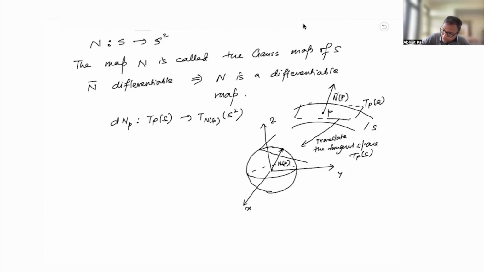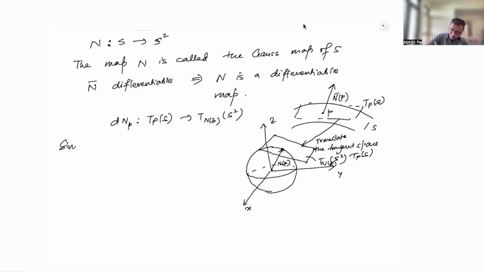If I translate the tangent space TPS to here, I'll get T NP S2, the tangent space of S2 at NP, which will be the same as the translation of the tangent space TPS. Okay. So therefore, without loss of generality, we can assume this T NP S2 is equal to TPS.